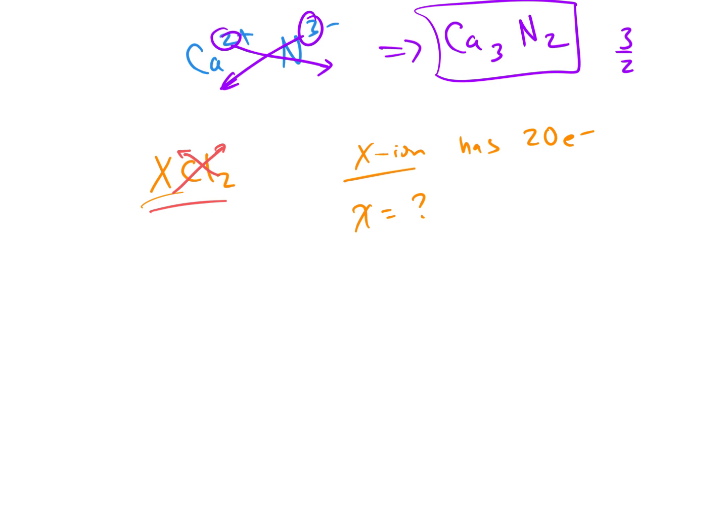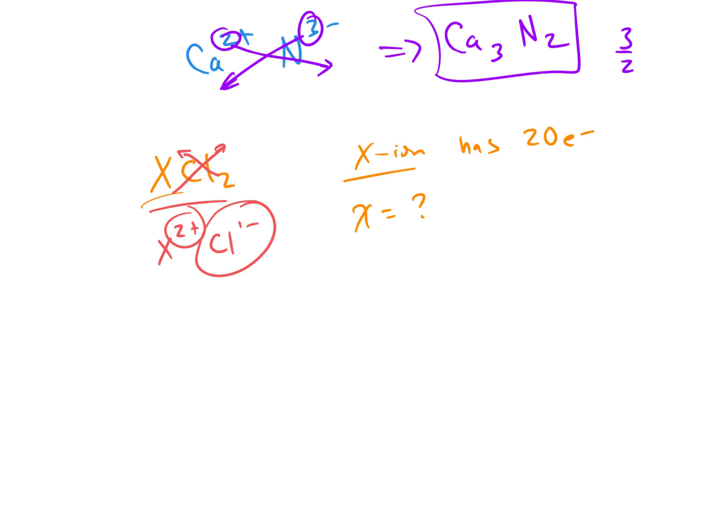We don't know because we don't know what X is. But if we do this, it's X2 plus and Cl1 minus. Is that the correct charge for chlorine? It is. That means this also is correct. So if you do it that way, you have to make sure that it wasn't simplified first.